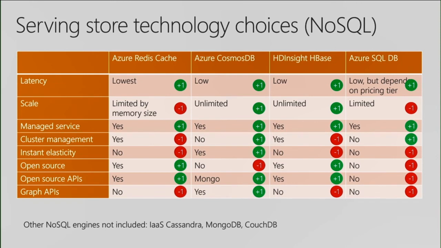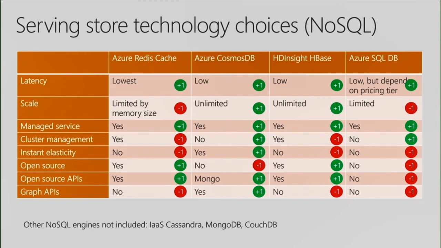And on the scale side, technologies like Cosmos DB and HBase have unlimited scale, and Redis has some limitations. So if your data size goes to large sizes, then that makes your choice very clear.